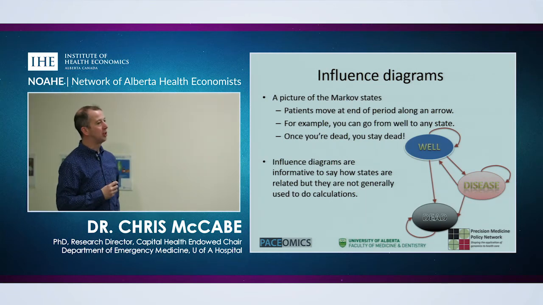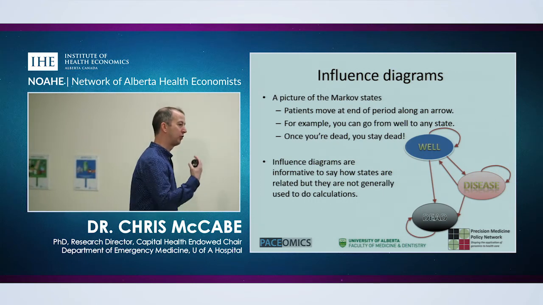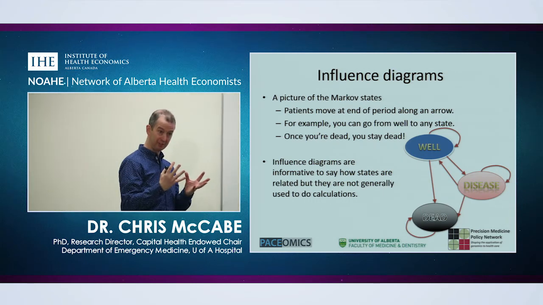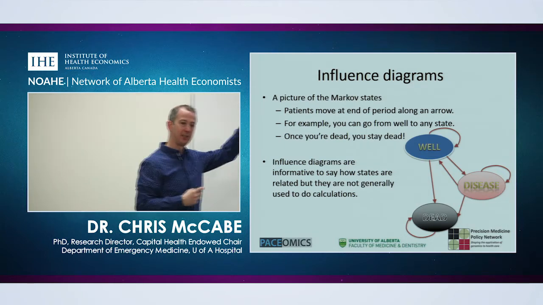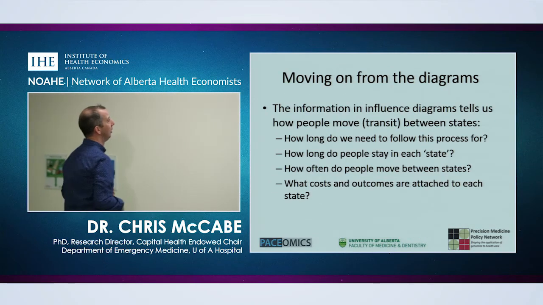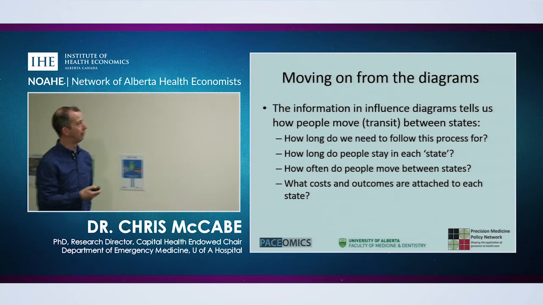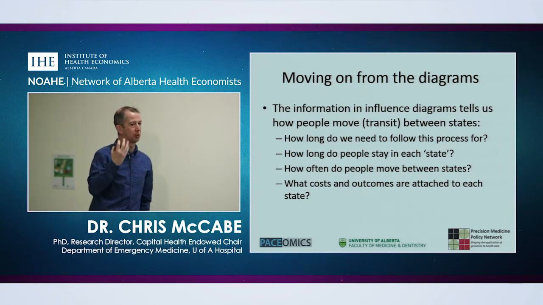And that's the first thing you do, really. So once you've talked to your clinicians and you've talked to the patients, you've got the understanding of that natural history story that we talked about, you then try and represent that in an influence diagram. Moving on from the diagrams, we read off them how long we need to follow the process for, how long people stay in each state.